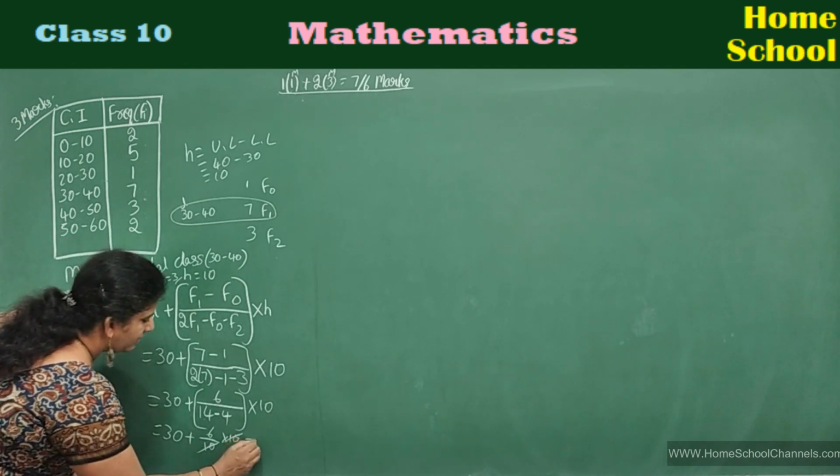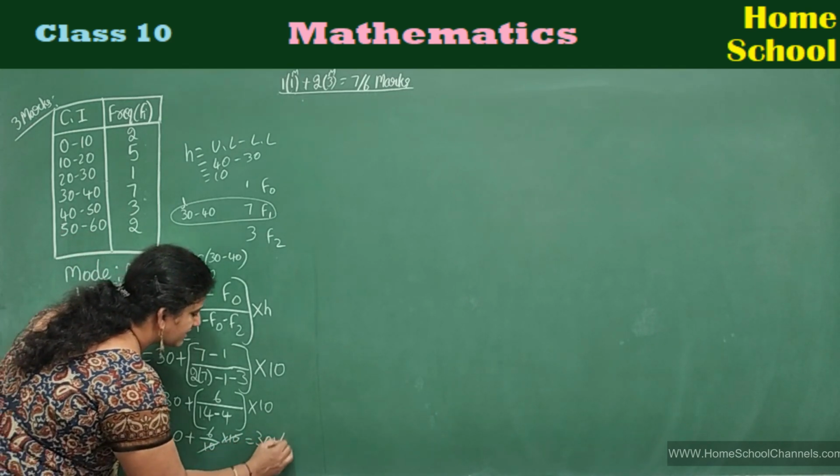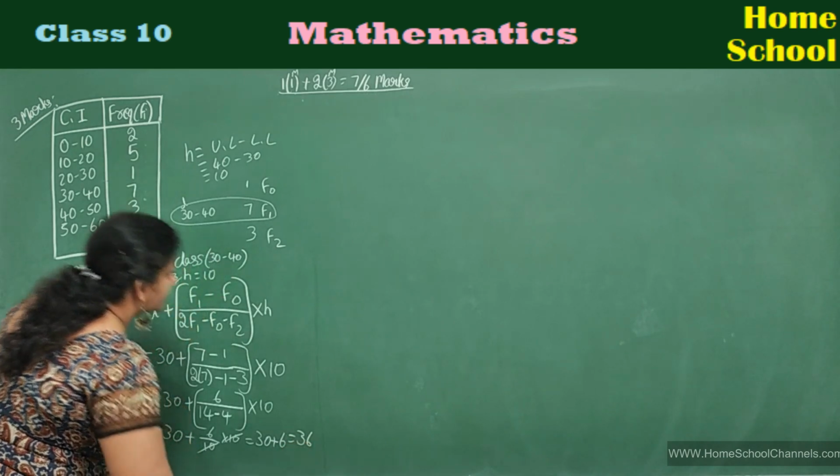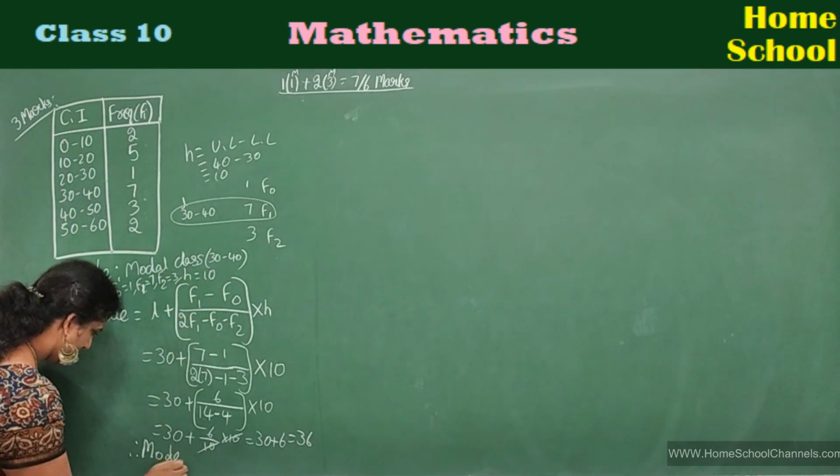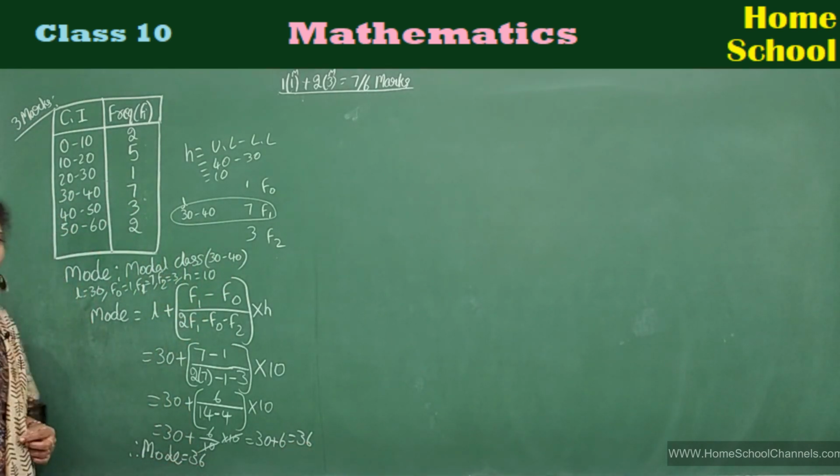The 10 will be cancelled. That will be 30 plus 6 is equal to 36. Therefore, mode is equal to 36, your answer.